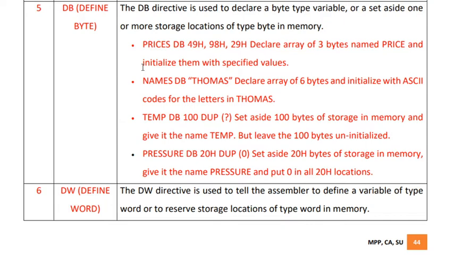So here we are creating an array by the name prices, which is allocated 3 bytes of memory space, and the allocated memory spaces are initialized with 49h, 98h and 29h. Now likewise in the second instance, names db 'THOMAS'. So here it declares an array of 6 bytes. THOMAS has 6 bytes in it.